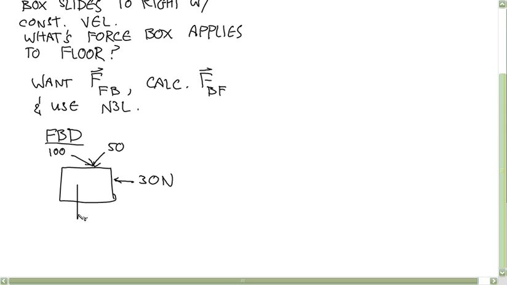We have gravity, which is 196.2 newtons. And then there's one more force. Yep. So that's the force vector on the box by the ground.